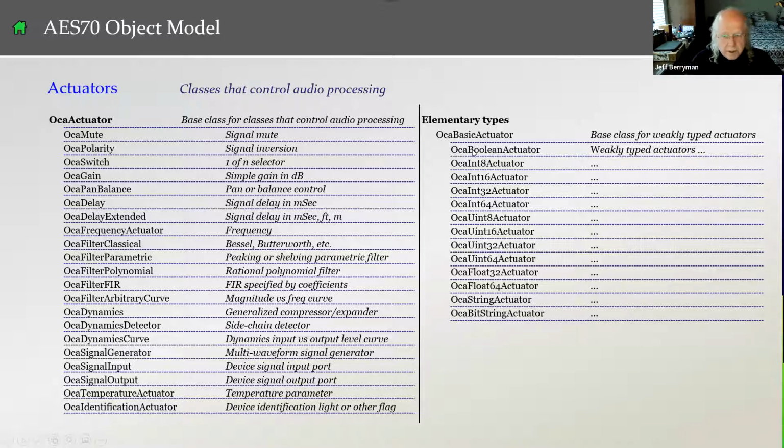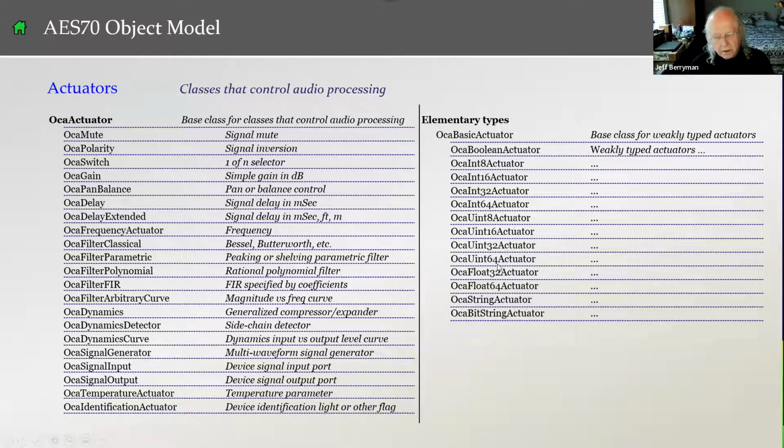Then there are these ones that are just sort of programmatic types, so that if you end up with something you want to control in your device that isn't in this list, you can still control it by just defining a number somewhere in your device that you're going to control.